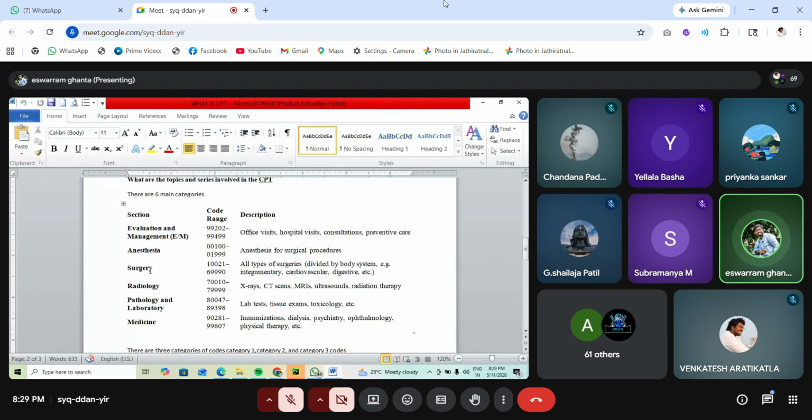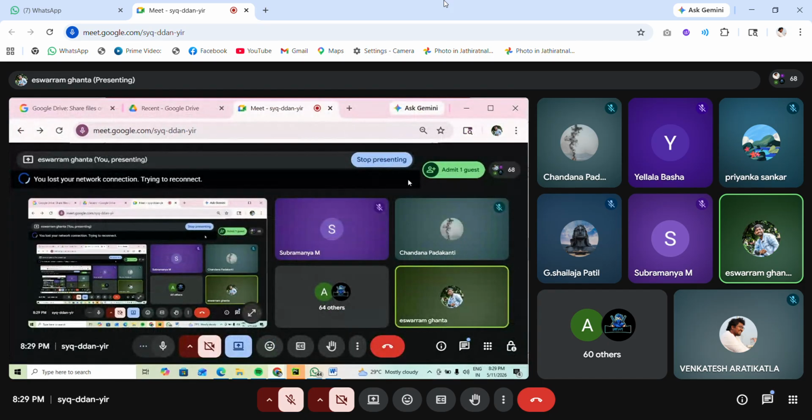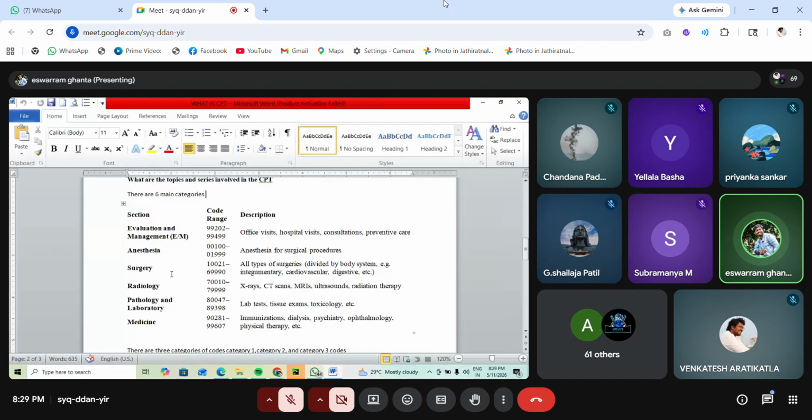Next, coming to the surgery. In this, surgery is divided into body system wise, like 10,000 to 60,000 series is there. 10,000 in the sense, like first one is skin, next one is circulatory, next one is digestive, respiratory.